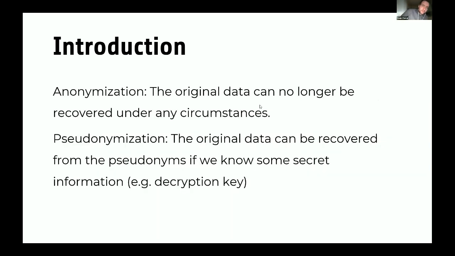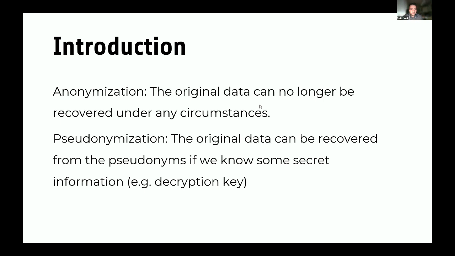And there is a difference between anonymization and pseudonymization. It's not a formal definition; it's a legal definition. But data is considered anonymous if the original data can no longer be recovered under any circumstances. And if the original data can be recovered, for example, with a decryption key, then it's no longer anonymous data.